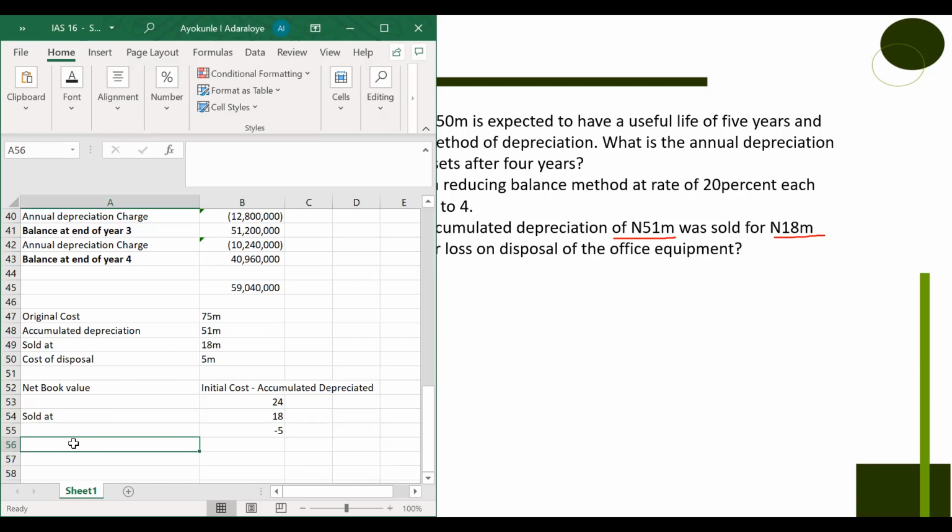So that means our final selling price, the cash that came to us, net proceeds from selling price, will be 18 million minus 5 million.